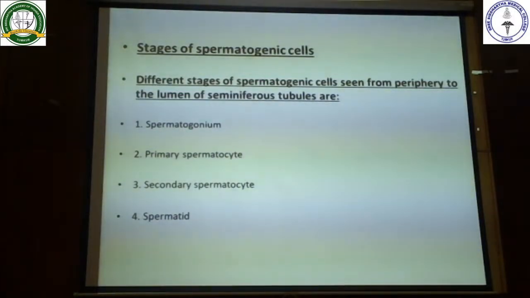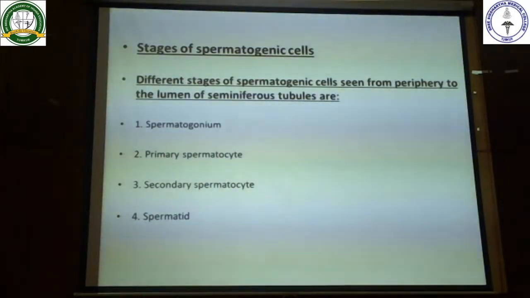So as a result, what is happening? Nearing the lumen, you have the spermatid. After that, you have the secondary spermatocyte. After that, you have the primary spermatocyte, and finally, it is the spermatogonium, which is present near the periphery of the seminiferous tubule.